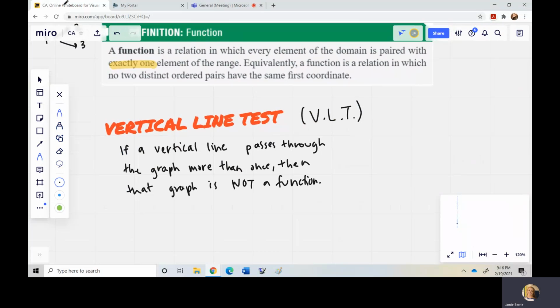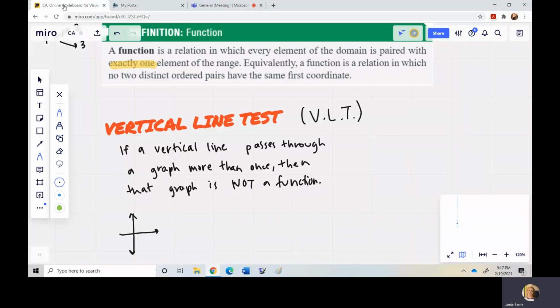Sorry, my handwriting's so sloppy. It says if a vertical line passes through the graph more than once, let me change this word right here. I want to change that to a graph. Sorry. Excuse me. If a vertical line passes through a graph more than once, then that graph is not a function. So let's do an example again of something that is not a function, and then something that is a function. So here's an example of something that's not a function.